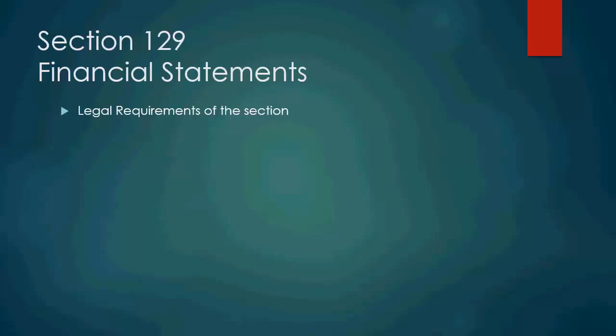Then you will also have to justify your step with a valid reason. You will have to give a valid reason for the deviation. And along with that, the Act also wants you to give out the financial effect of the decision that you have taken, of the path that you have followed.